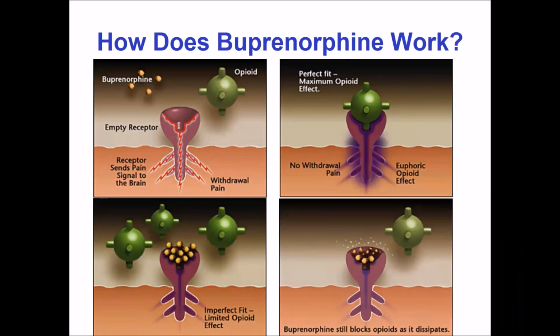And finally, the dissociation of buprenorphine from the opioid mu receptor is quite slow, and that's what makes this a 24-36-hour medicine, sometimes even longer, because it's released very slowly and continues to block other opioids on that receptor for some time.